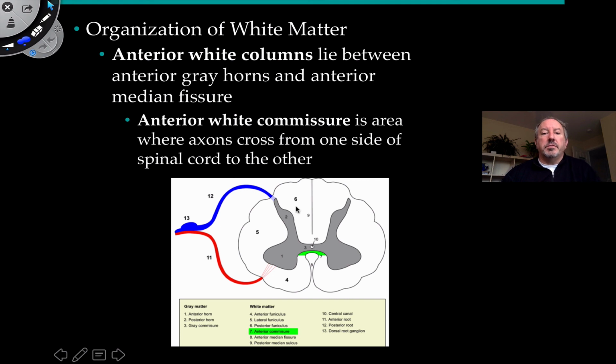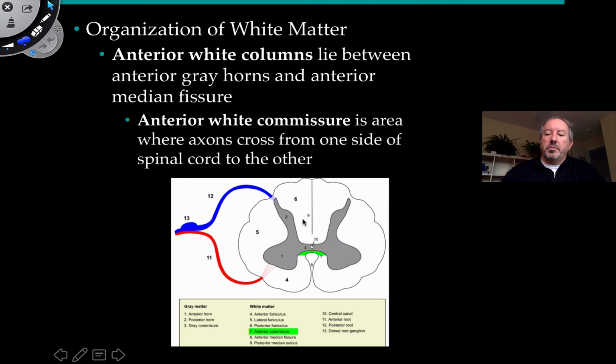And so these anterior columns, if you will, are important. So this anterior white column lies between the anterior gray horns, as you can see here below, and then you have this area shown in green, known as the anterior white commissure, which is an area where the axons cross between one side of the spinal cord and the other.